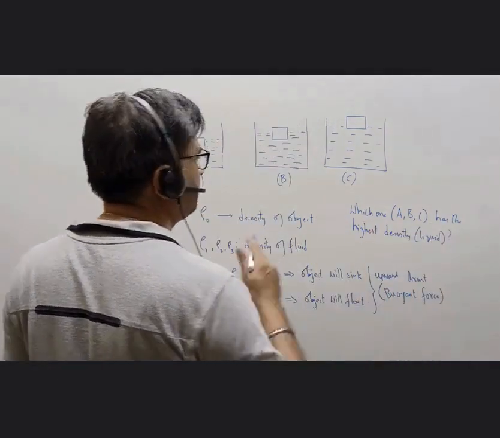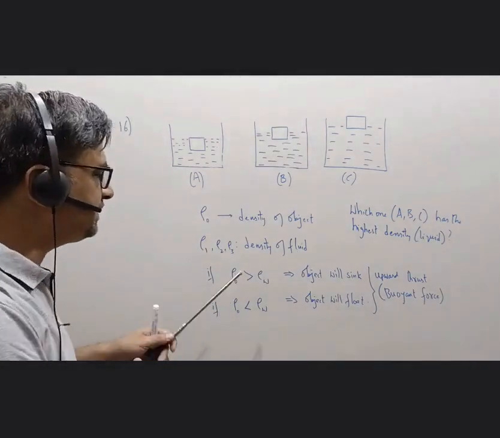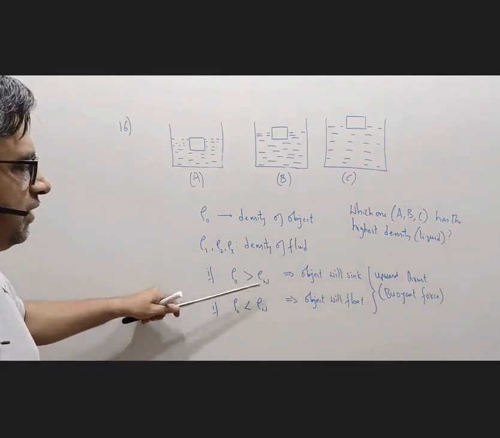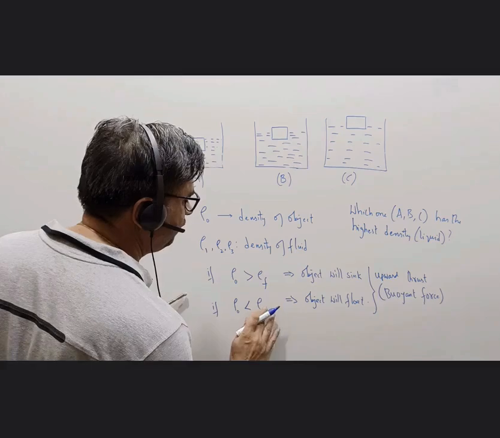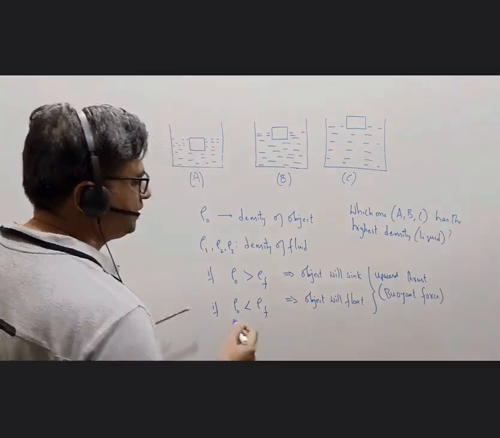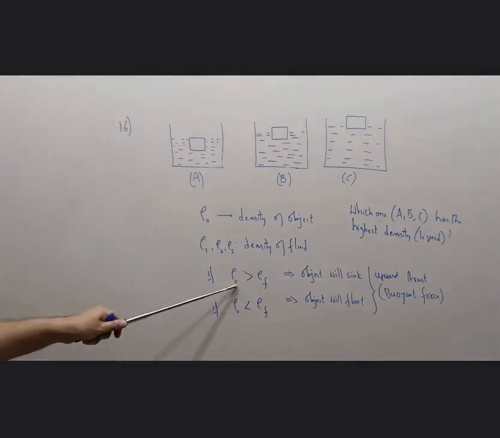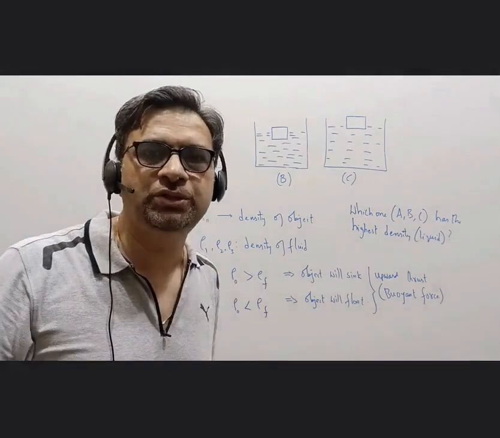So, this is generic: if the density of the object is greater than the density of the fluid, the object will sink all the way to the bottom.